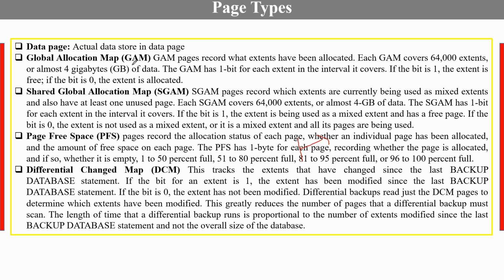Your extents are allocated from GAM only, but SGAM also covers 4 GB and contains 64,000 extents of information. Allocation is not performed there. SGAM contains the free space information, and the GAM page contains the allocation information.